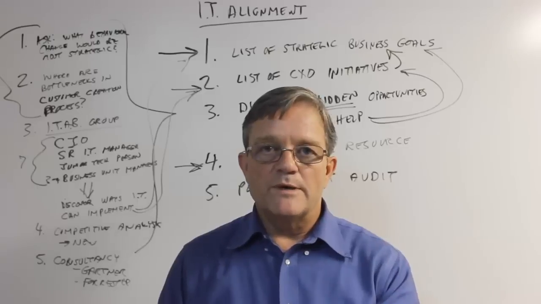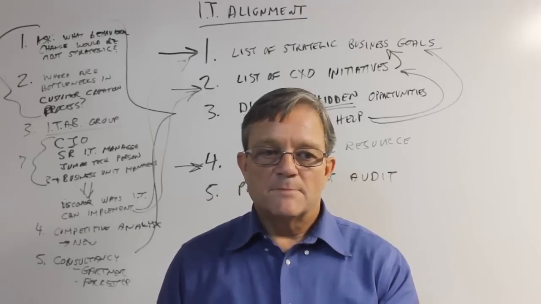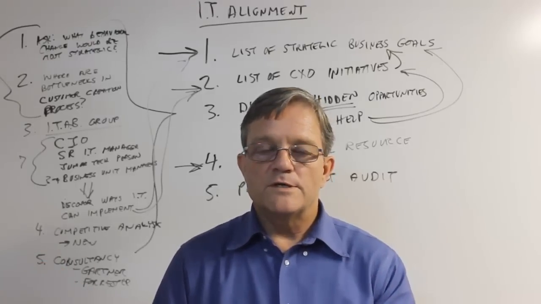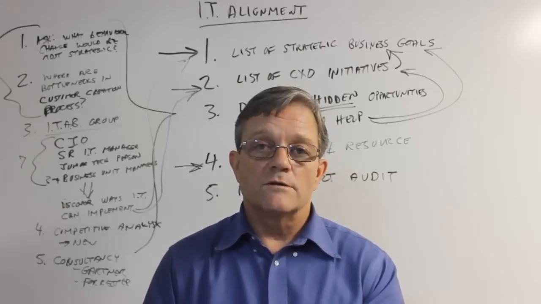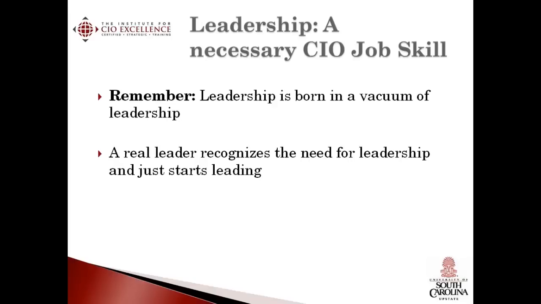If you're timid about stepping into that, then maybe somebody else needs to be the CIO in your company. And sooner or later that will happen. Okay, so a real leader recognizes the need for leadership and just starts leading. A modern competitive CIO is a real leader.